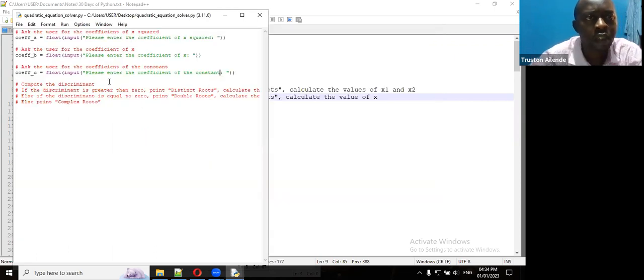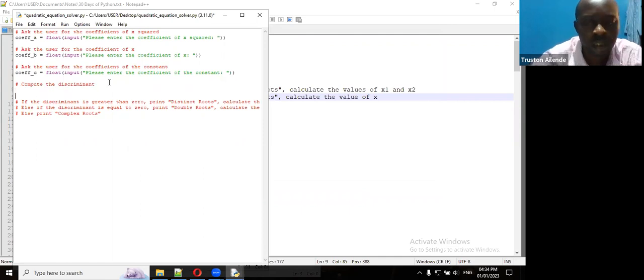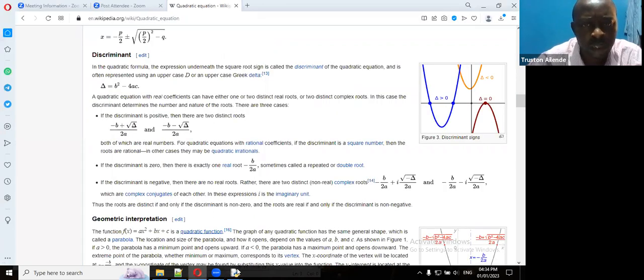So we'll complete the discriminant now. Discriminant is equal to, check it, it says b squared minus 4ac.